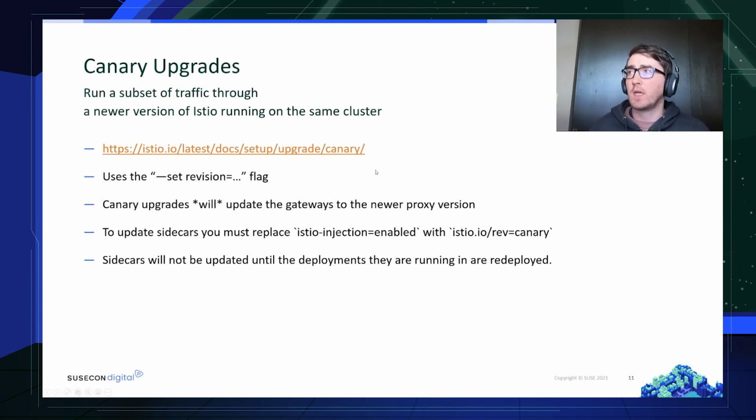But at this point in time, I would say that Canary is going to be a reasonable approach to maintaining your Istio service mesh, primarily because it's just using standard Envoy configuration components, and you have the ultimate control over when the sidecars are going to be deployed. As you can see, this last step here, sidecars will not be updated until the deployments they're running in are redeployed. So things will be in your control from start to finish.